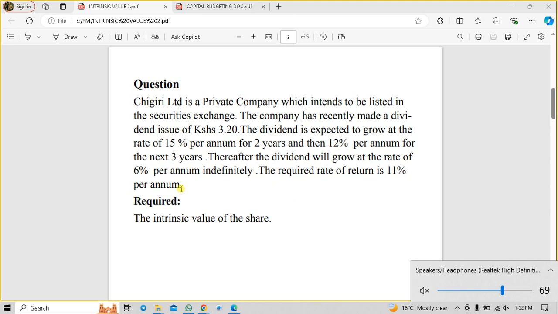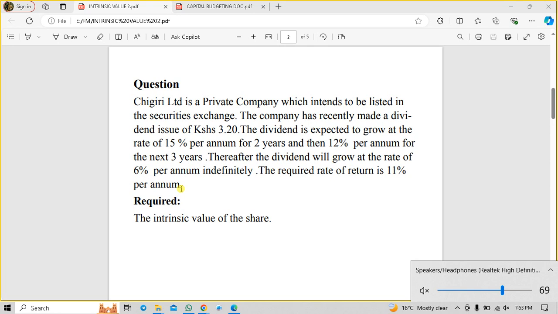So every time you make an investment, there is what we call the required rate of return. What is the rate of return of that investment? So in this case, when you invest in shares in this company, the required rate of return, or the rate that we are going to have our returns, we are considering it as 11% per year.